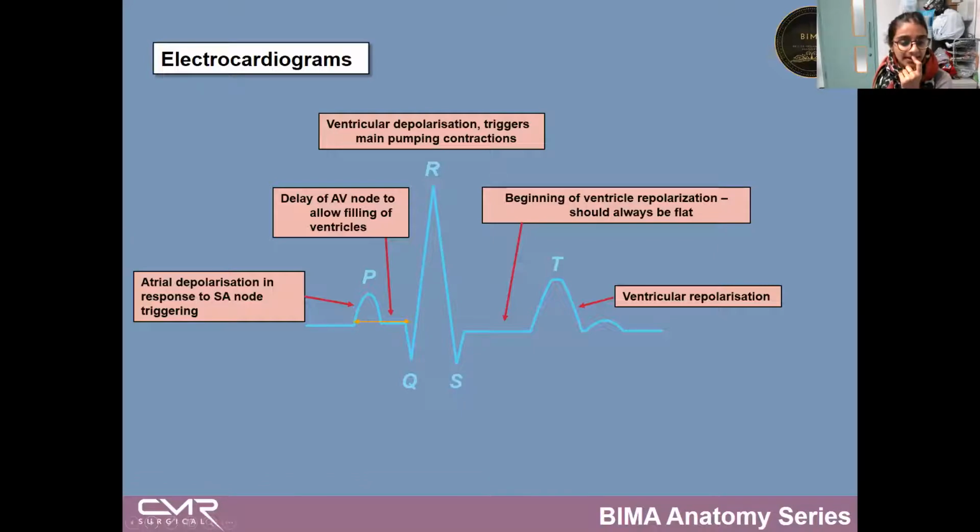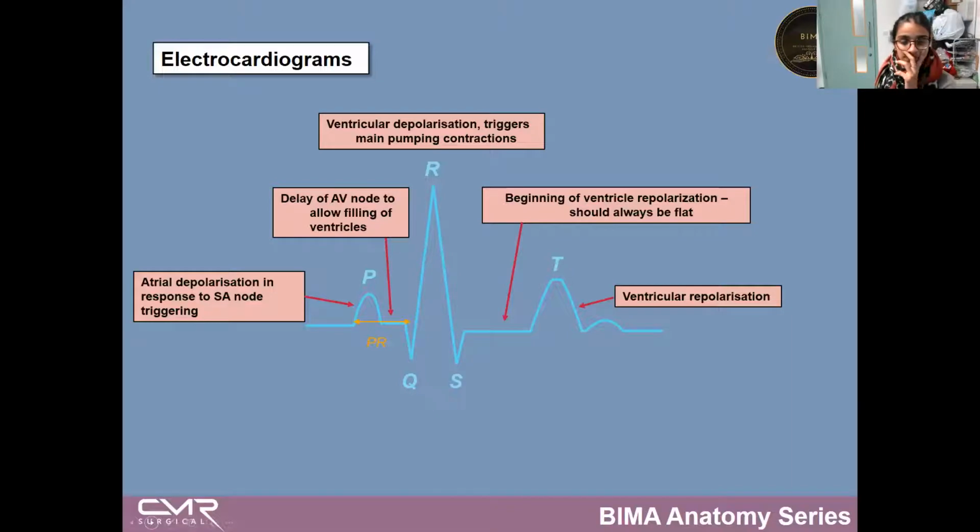So PR, this line over here, is your PR complex. Elongated PRs are an indication of heart block because this delay in the electrical conduction is causing your PR complex to be longer and longer and longer.